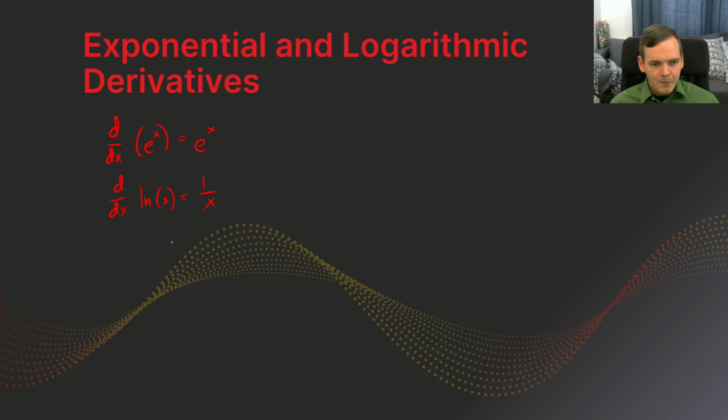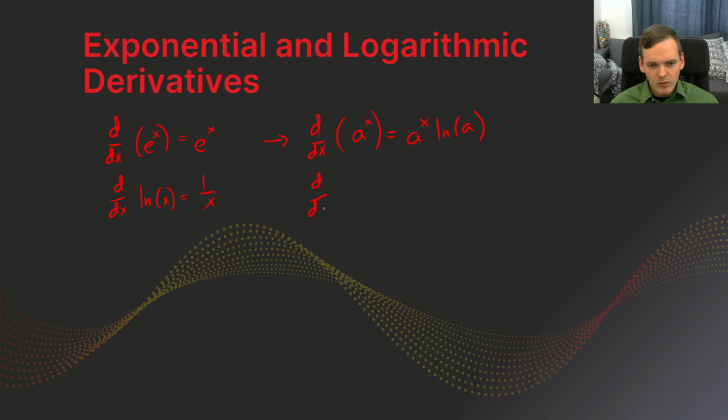The general exponential form, so some other base a to the x, has a derivative of a to the x ln of a. You'll notice this also works for e. If I plug in e, I get e to the x natural log of e, which is 1, so it all cleans up.